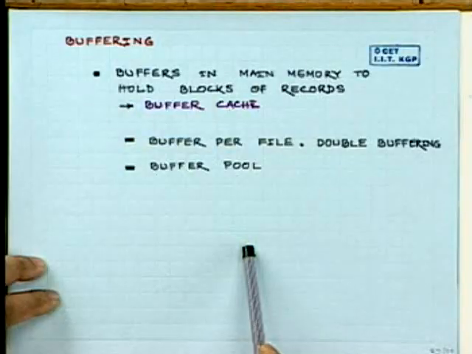If we keep this information, that buffer can be used very effectively to have efficient reading and writing from or into the file. At the same time, if many users are sharing files, then that buffer pool will be quite advantageous.